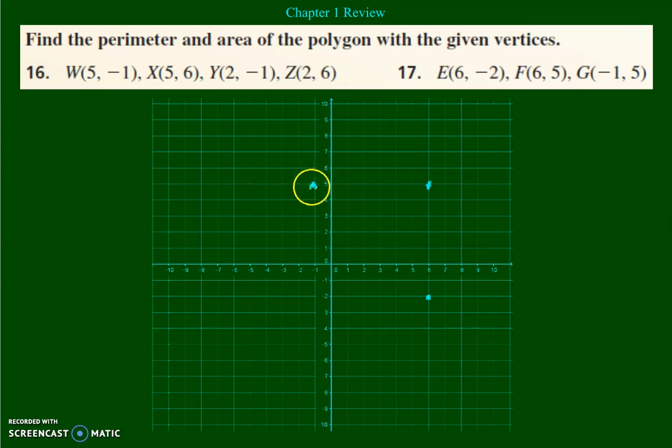Alright, so we have G, which is -1 and 5. We have E, which is 6, -2, and F, which is 6, 5.